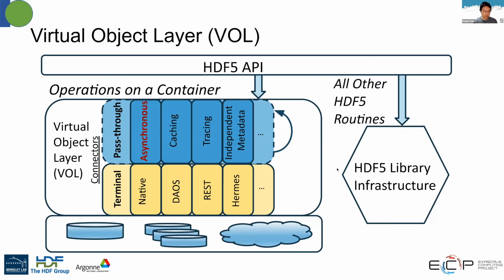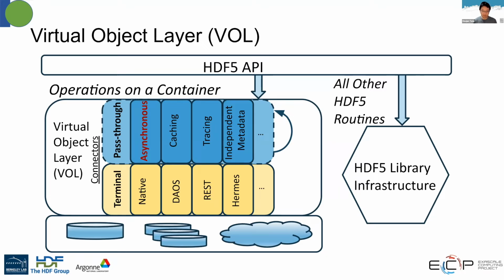In the virtual object layer, there are two types of VOLs: one is called pass-through, and one is terminal. Pass-through VOLs, as the name suggests, just pass things through, and they are not really interacting with the file system. As a result, pass-through VOLs can be stacked on top of each other. For example, there are asynchronous VOLs and caching VOLs, and there is a use case to stack the cache VOL and async VOL.